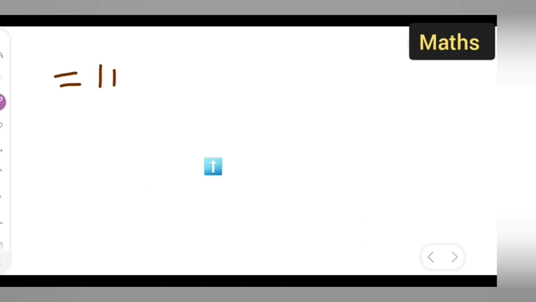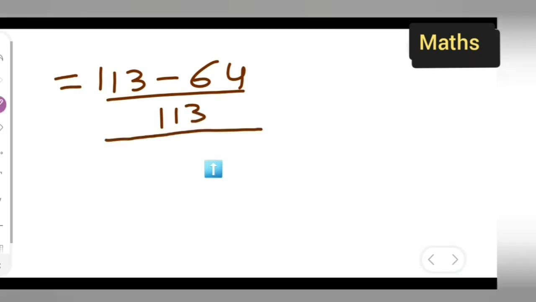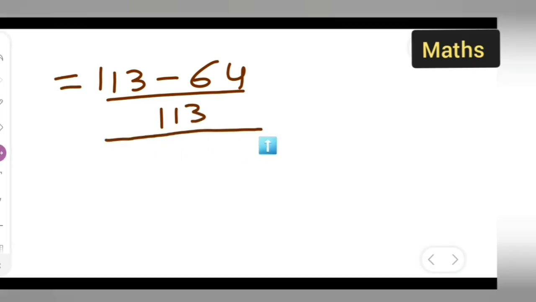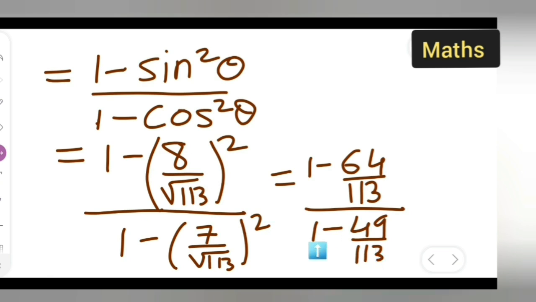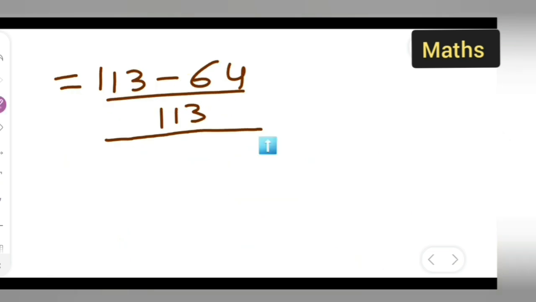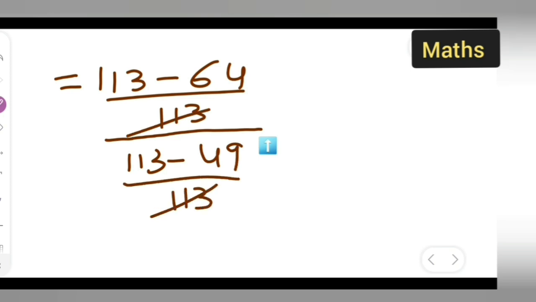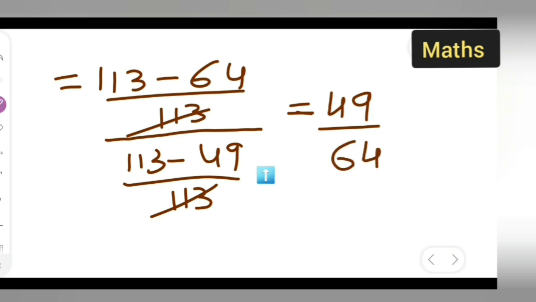So this is equal to 113 minus 64 upon 113, upon 113 minus 49 upon 113. So these things are going to get cancelled, and you are remaining with 113 minus 64, you are going to get 49, upon 113 minus 49, you are going to get 64. I hope you all are clear with the first part.